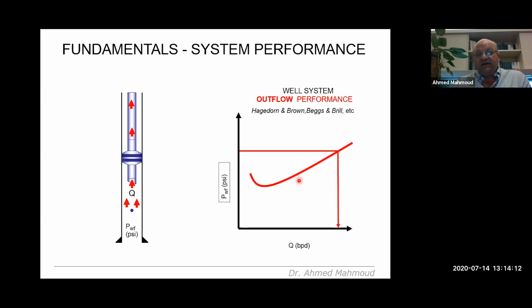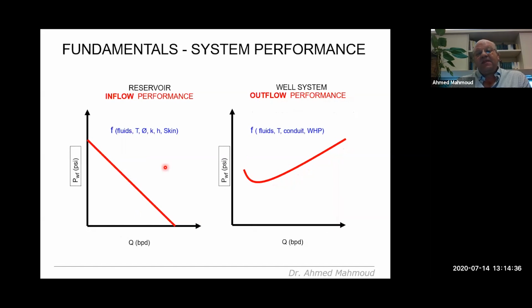And when I plot this on this chart with pressure in the y-axis and Q in the x-axis, and I plot my outflow curve, then I'll be able to determine my Q at any given time and at any given pressure throughout this entire well completion system.